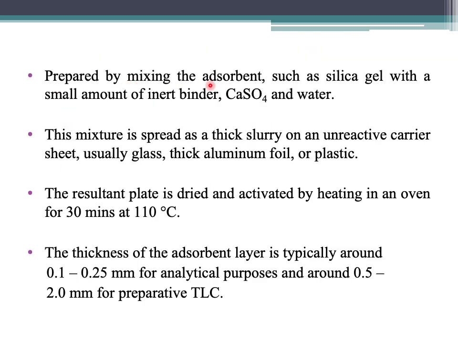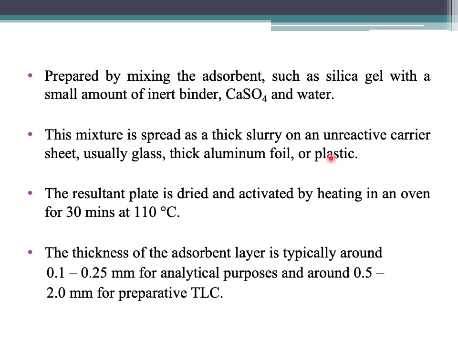Prepare by mixing the adsorbents such as silica gel with a small amount of inert binder, calcium sulfate and water. So we have the adsorbent, such as silica gel with calcium sulfate and binder. So this mixture is spread as a thick slurry on a reactive carrier sheet, usually glass, thick aluminium foil or plastic.